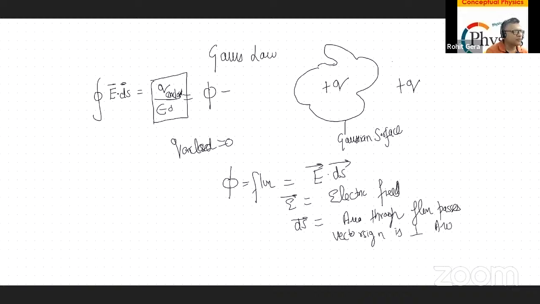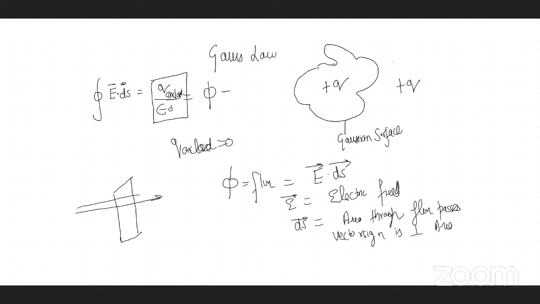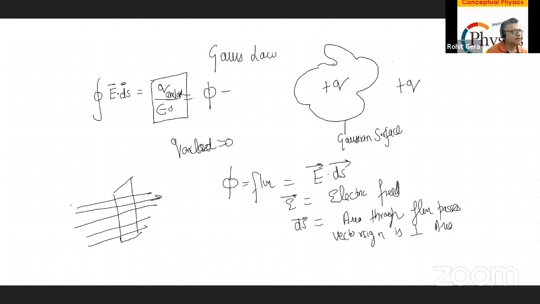How? If you have this area and the flux is passing through it, like a stream of water, then this area is ds.